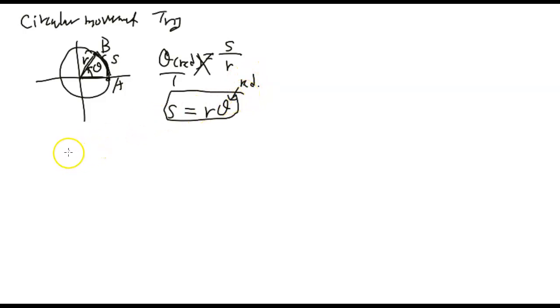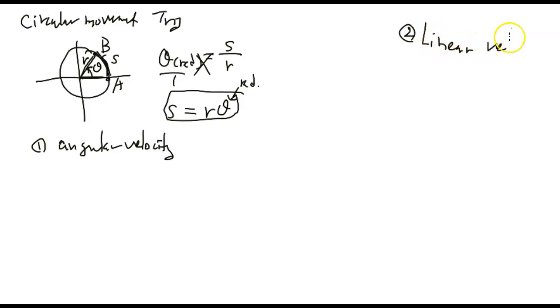From there, we talk about velocity: angular velocity and linear velocity, two types of velocity.